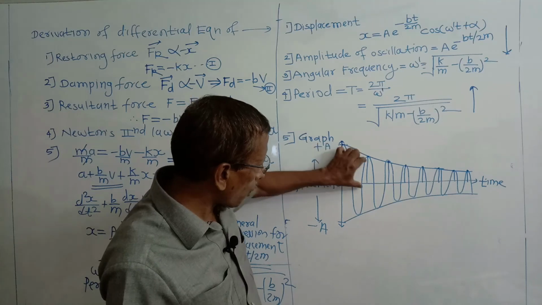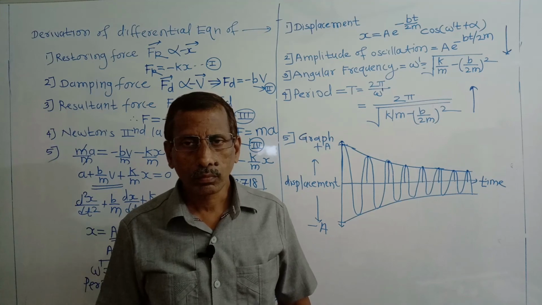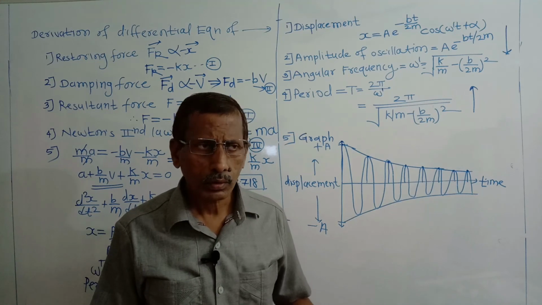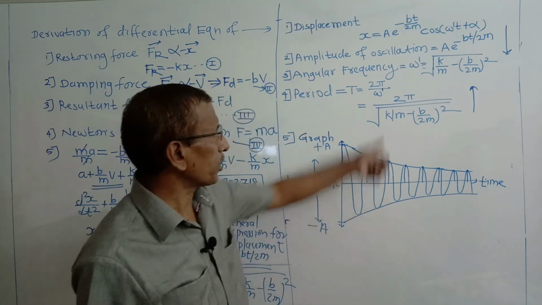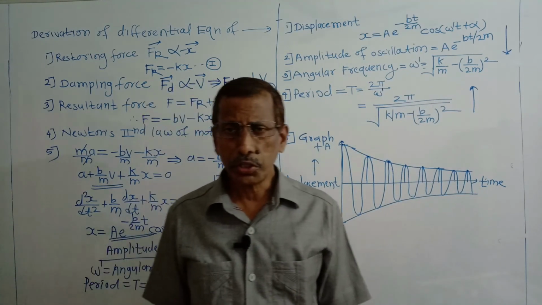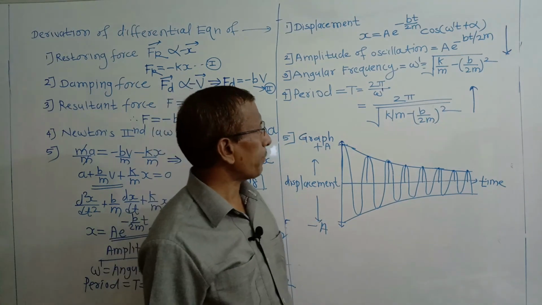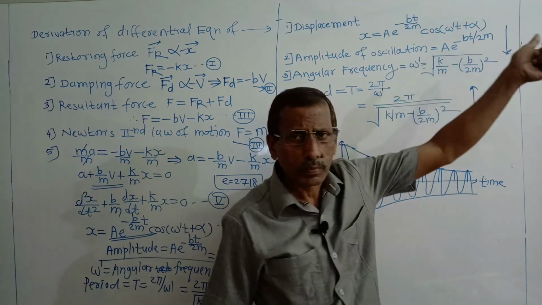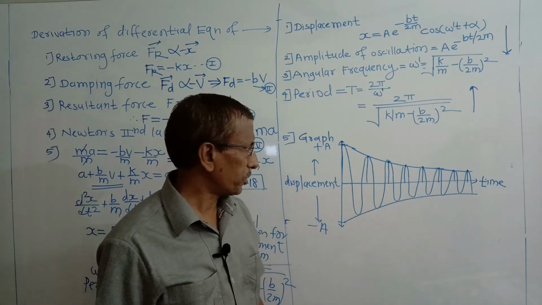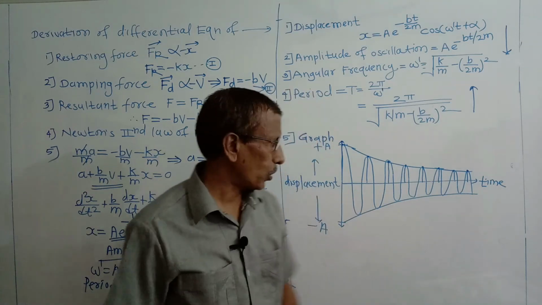So this amplitude of oscillation goes on decreasing in the case of damped harmonic oscillations. Here we consider the term e^(-bt/2m). This term is an exponential function. So in the amplitude there is an exponential function e, and the graph of the exponential function is given like this. This shows that the amplitude of oscillation is decreasing as time goes on.